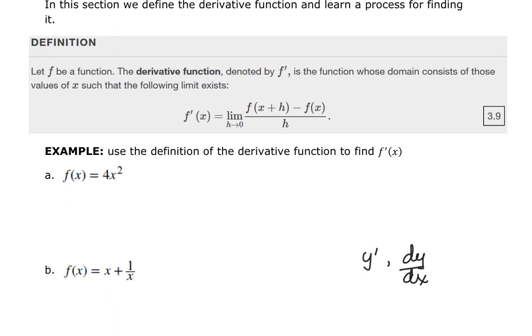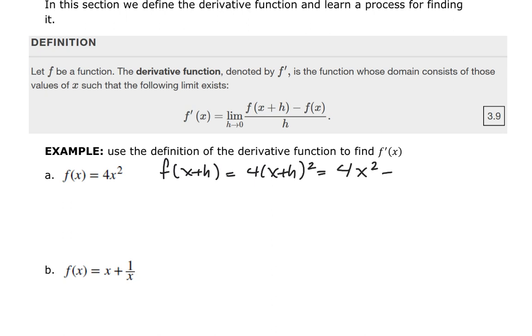So first thing I want to do is find f of x plus h. So f of x plus h for this first function will be 4 times x plus h squared, which is going to give me 4x squared plus 8xh plus h squared.